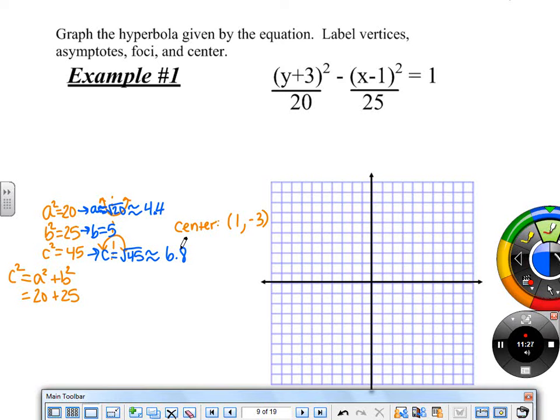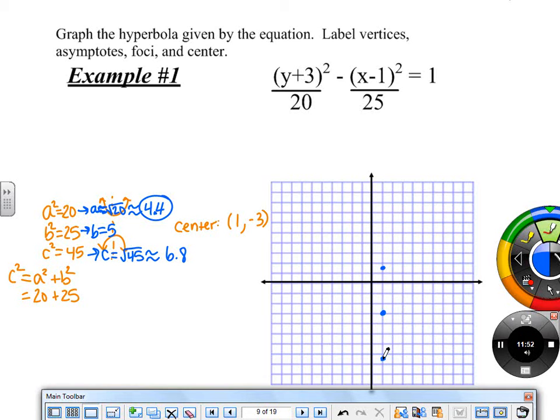All right, so I'm going to put my center at (1, -3). I am going to put my vertex points 4.4 units away from the center vertically. This is my a value, based on how I expect this to turn out. So 1, 2, 3, 4.4, 2, 3, 4.4 below.